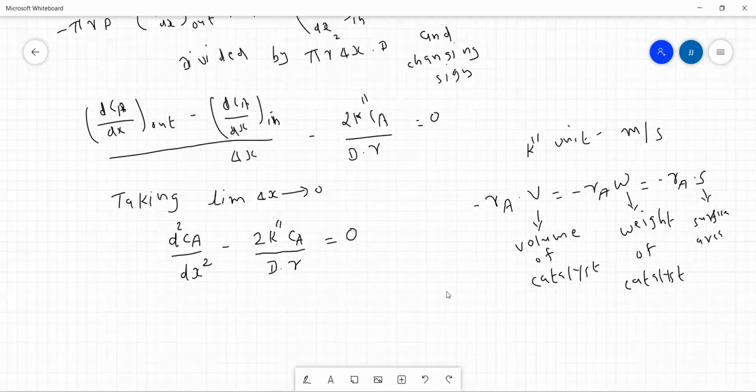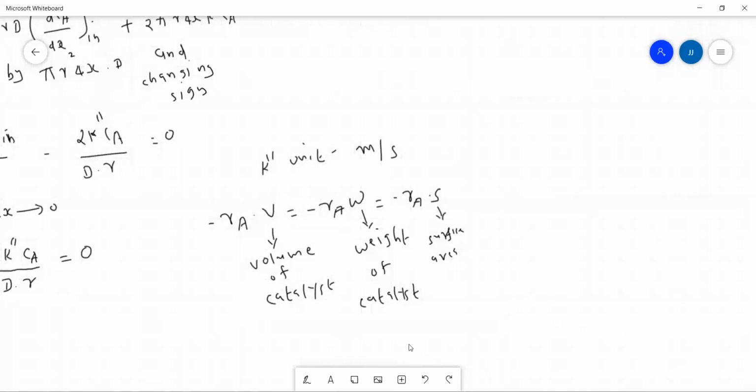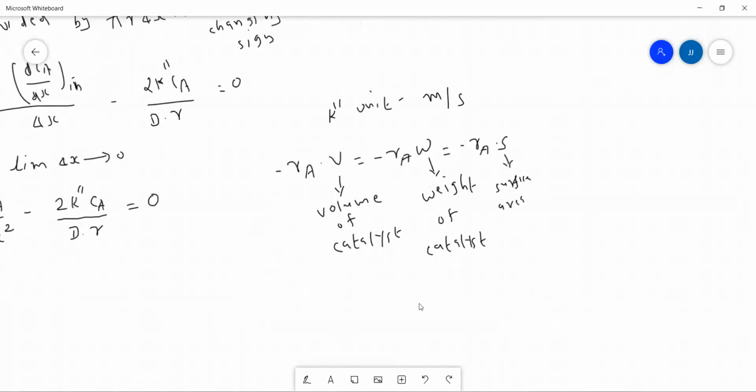Now we may write minus Ra is K into CA into volume. But if we consider the rate based upon the weight of catalyst, then this K is changed.